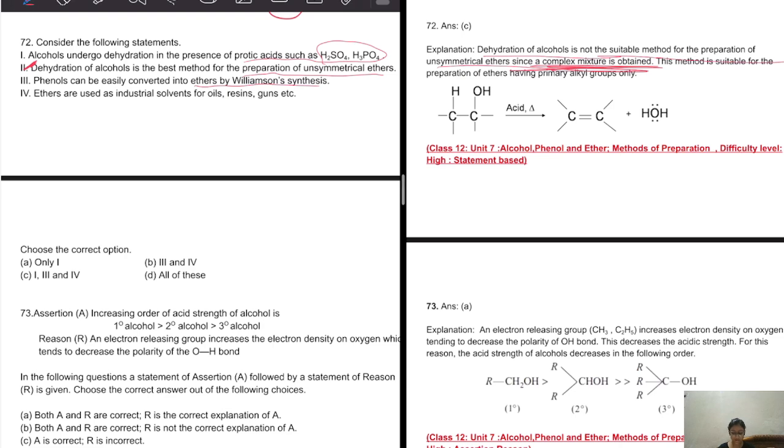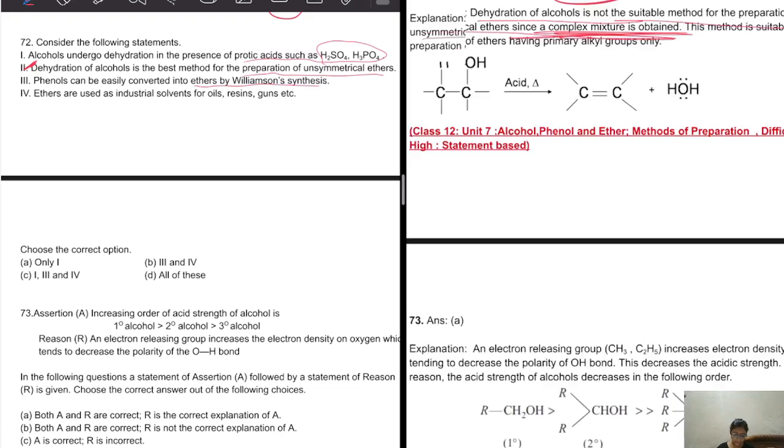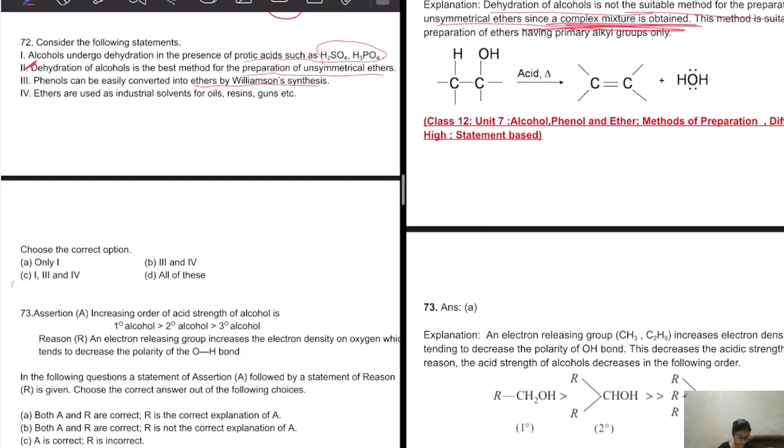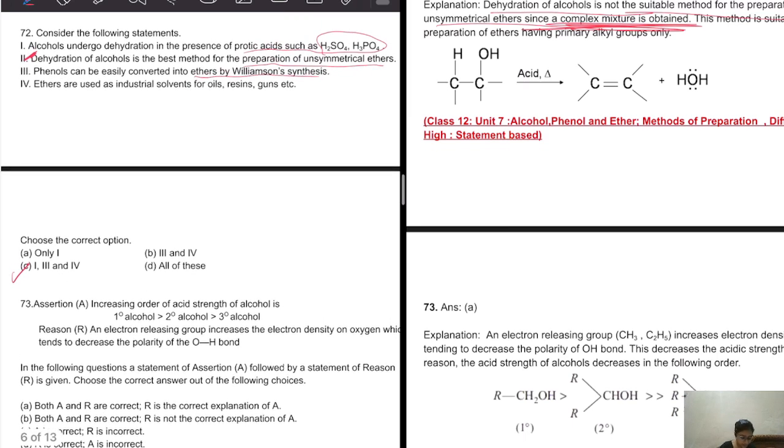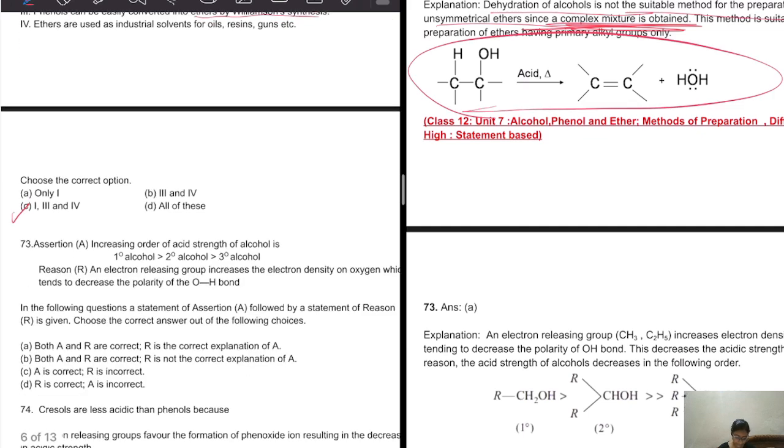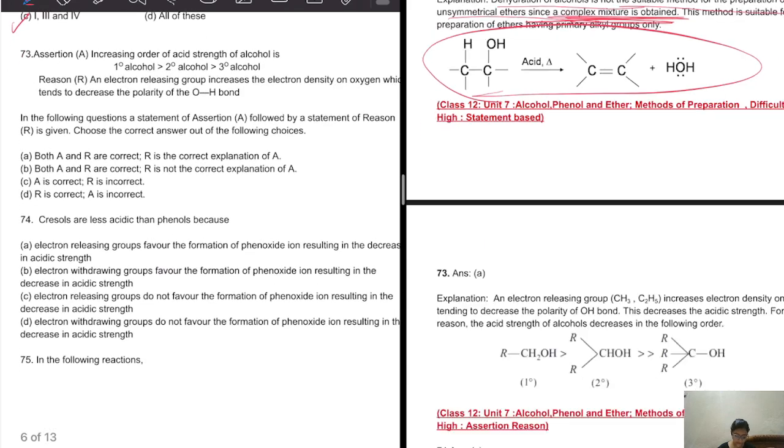For example, we have A plus B, so it's very difficult to separate this. So the correct answer here would be 1, 3, and 5. These are the correct options. See, for the first option, alcohols can undergo dehydration. This is given the reaction to support the answer. Now let's see the next question.